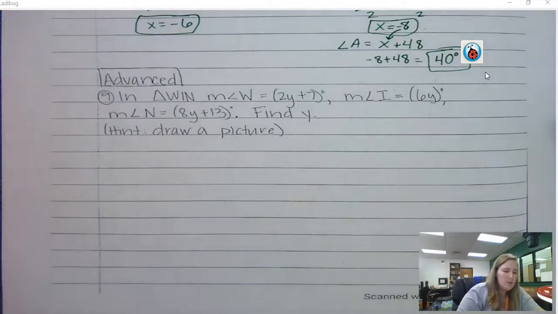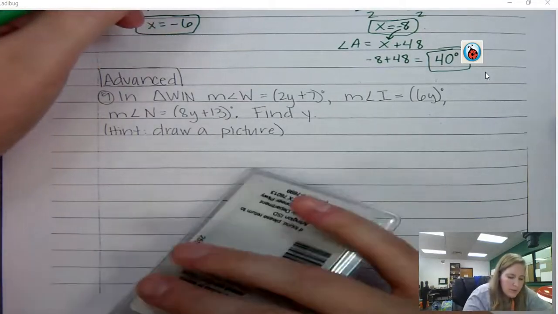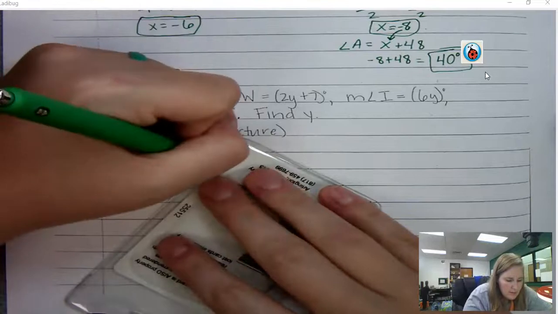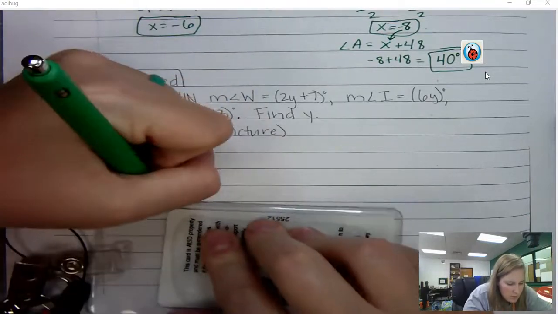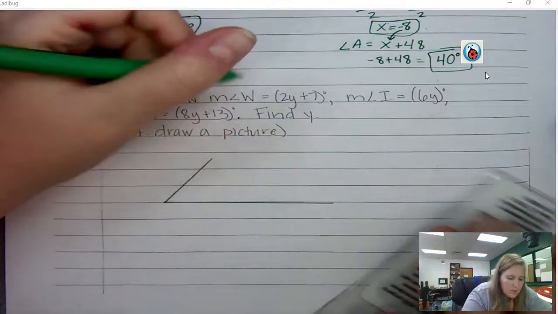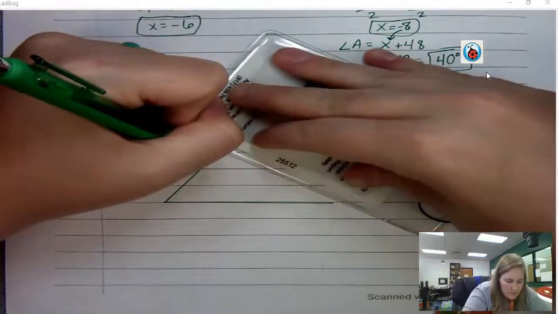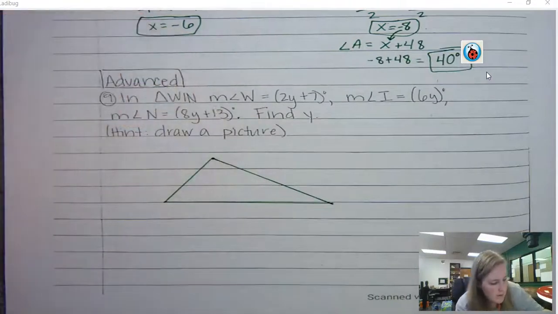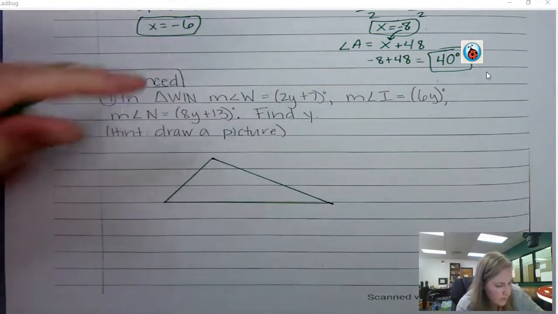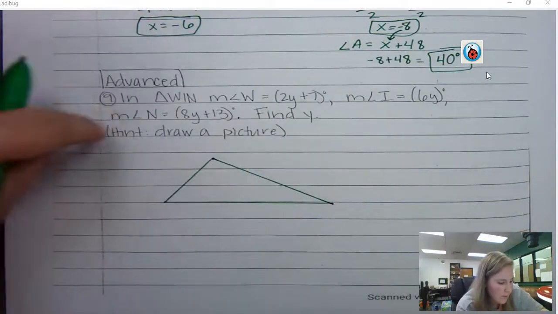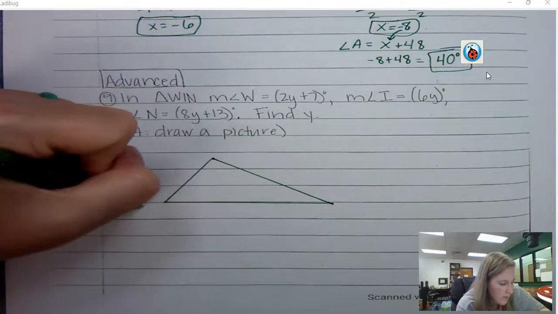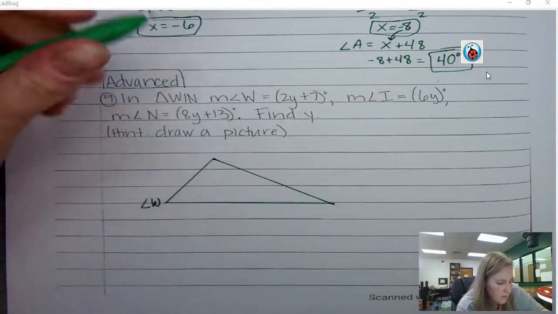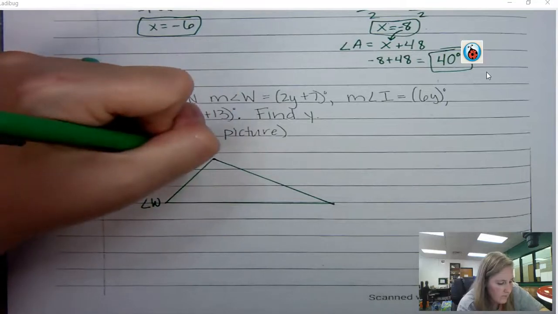Alright, now we must first draw this triangle, so I want you to do that. Draw our triangle, and I don't know what is what. I'm just going to label this whatever. Like, I don't know if this is a big angle, small angle. It's not going to be drawn to scale. So I'm going to label W as that one.